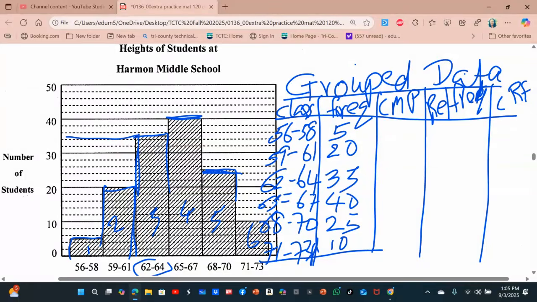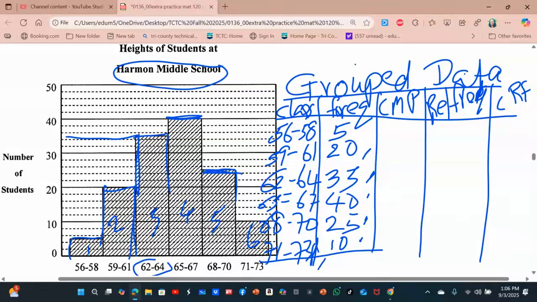So we are actually adding how many students are in this middle school, or how many students are used in this sample, because there may not be all the students there. 5 plus 20 is 25. 25 plus 35 is 60. 60 plus 40 is 100. 100 plus 25 is 125. 125 plus 10 is 135.